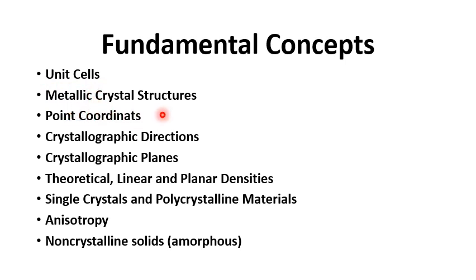Metallic crystal structure, point coordinates, crystallographic directions, crystallographic planes, how to define planes in a crystal structure, how to define a direction, how to define point coordinates, how do we determine theoretical, linear, and planar densities, what is the difference between single crystal and polycrystalline material, anisotropy versus isotropy, and non-crystalline solids, amorphous material versus crystalline material.